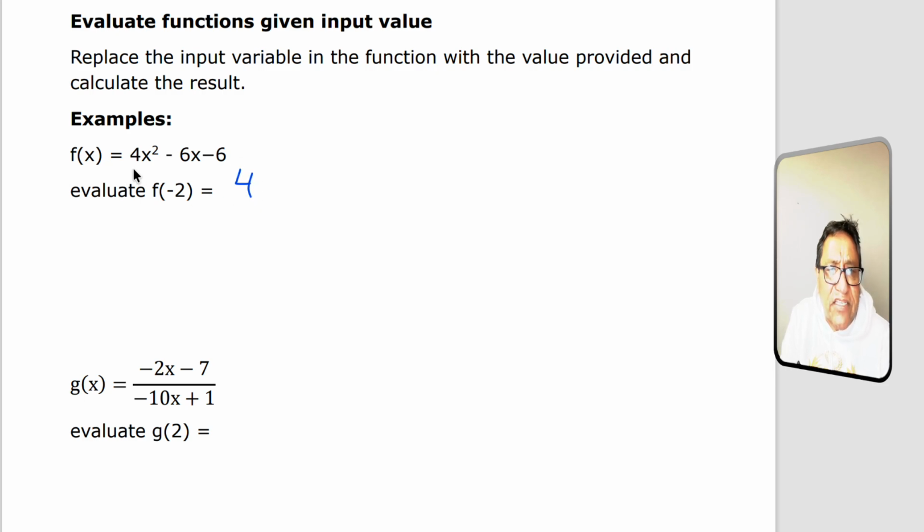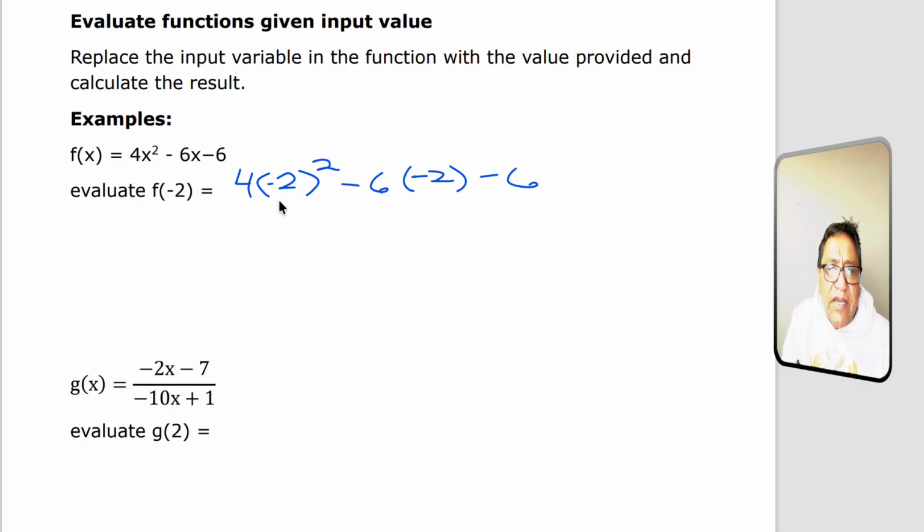So number 4 says f of x is equal to 4x squared minus 6 times x minus 6. It's saying when x is negative 2, compute this function. In other words, we will plug the value of negative 2 into x, and to do that, we will use parentheses. So 4 times negative 2 squared minus 6 times negative 2 minus 6. It's good practice to use parentheses when you're plugging in values.